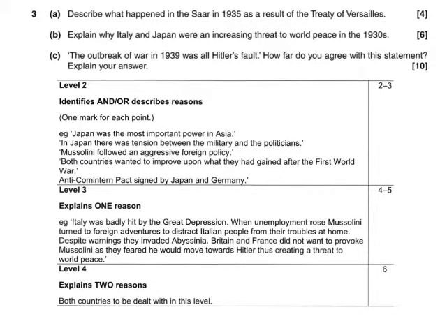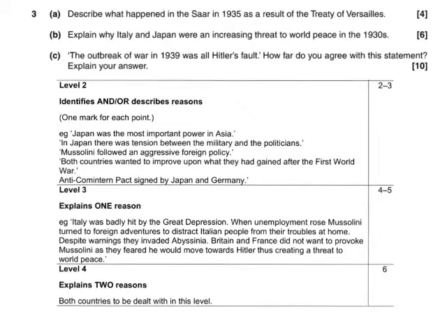Japan was the most important power in Asia. There was tension between the military and the politicians. This is Abyssinia now: Mussolini followed an aggressive foreign policy. The reason these are only in Level 2, 2 to 3 marks, is that you are not actually explaining just by stating these.